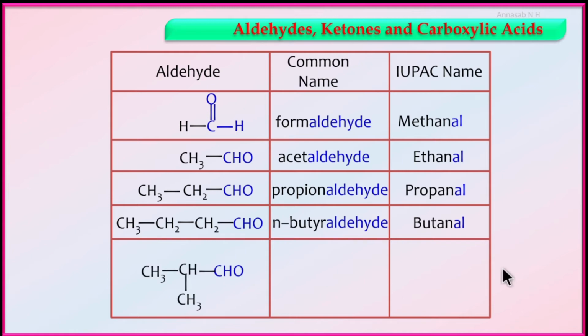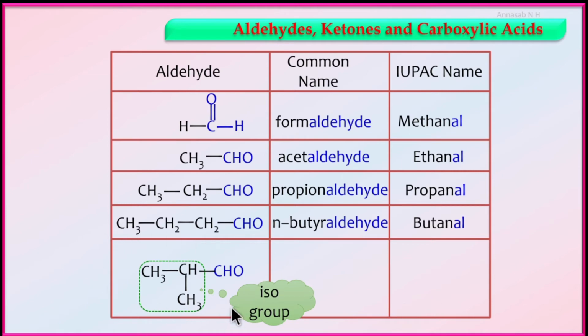Next compound, CH3CH(CH3)CHO. The total number of carbon atoms is 4, but in the parent chain there are only 3 carbon atoms and the methyl group is a branch. CH3CHCH3 is taken as one specific group, known as the iso group.